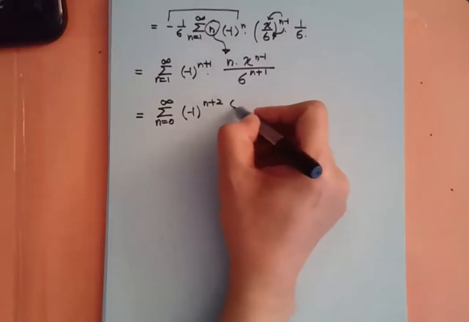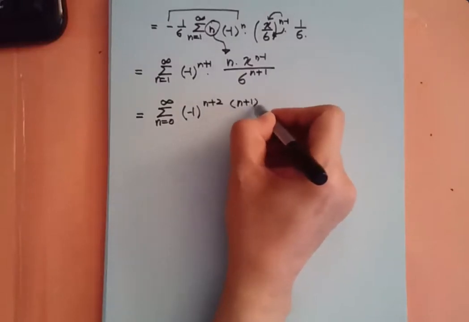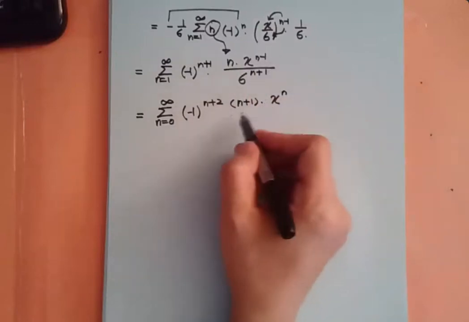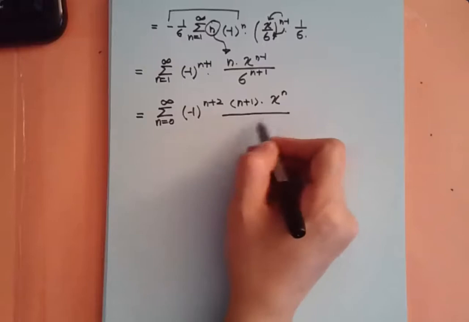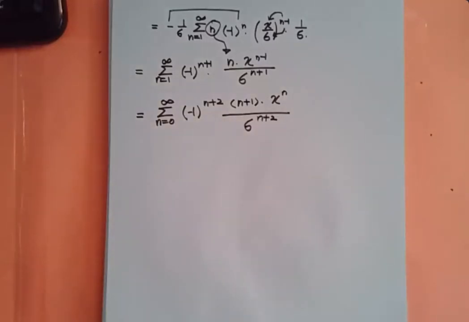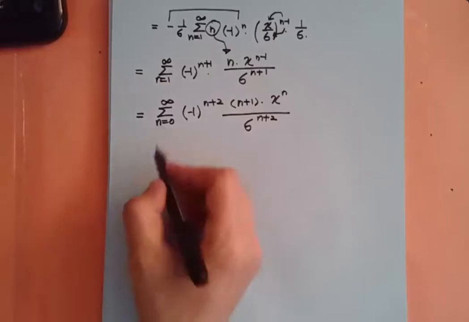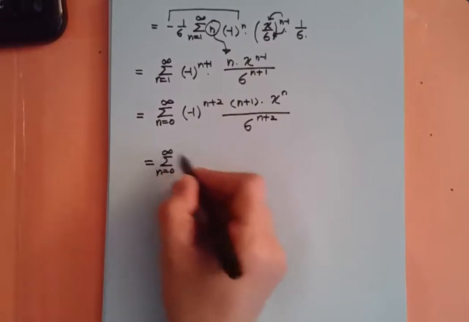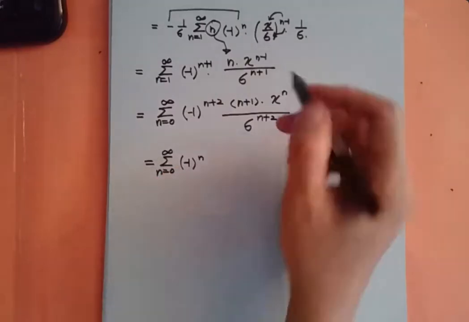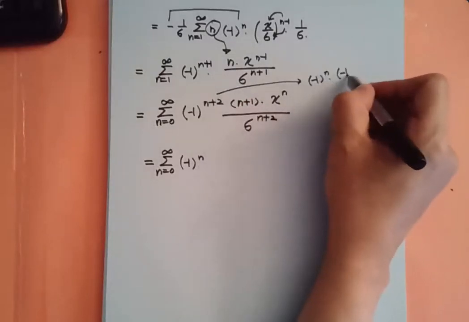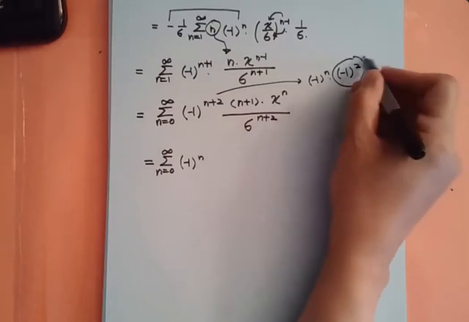And then, by doing that, we get n plus 1 times x to the n power over 6 to the n plus 2 power. So we can write it down as summation n equals 0 to infinity, negative 1 to the n power, because this one will be negative 1 to the n power times negative 1 squared, and so this one equals 1, right?